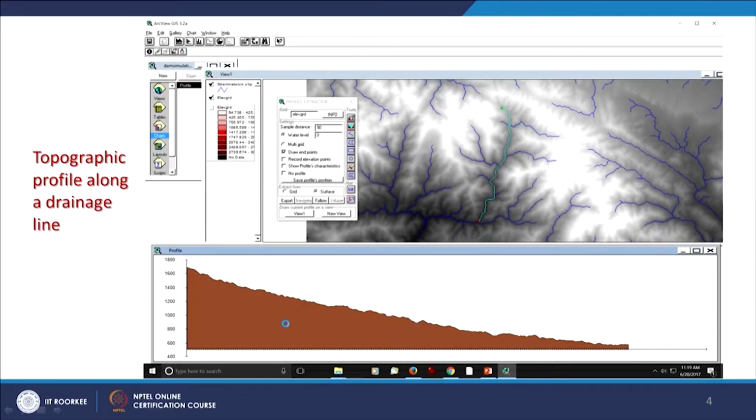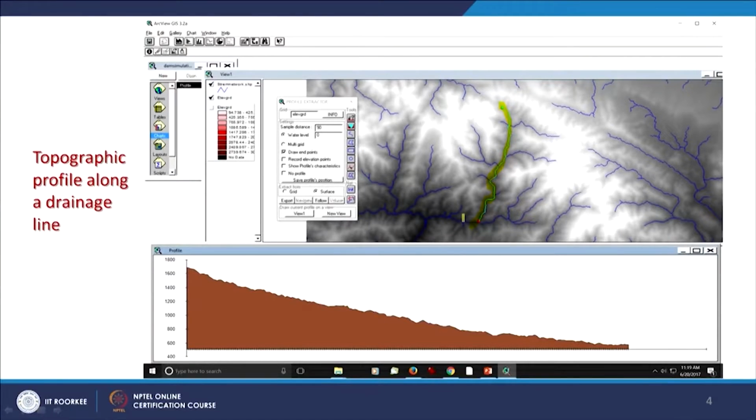Now, when we want to have this cross section or topographic profile along an arbitrary line, which is shown here, and which I will highlight to show you more clearly, many times it is not very easy to do, even in many software packages.